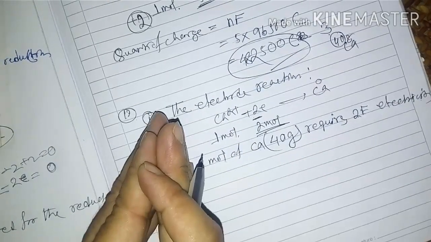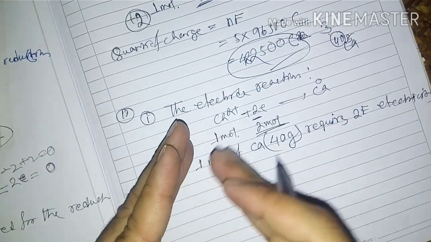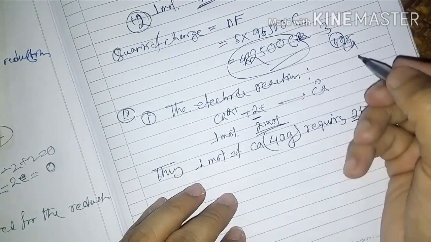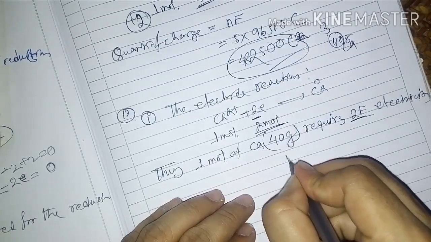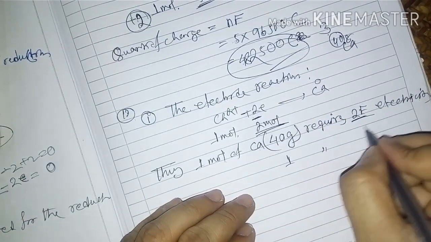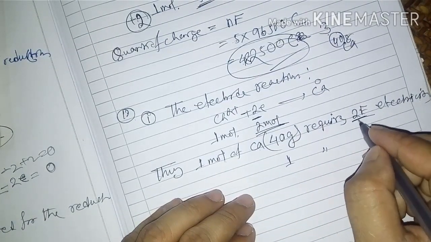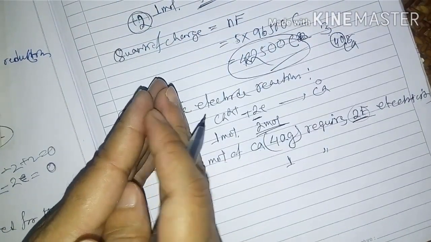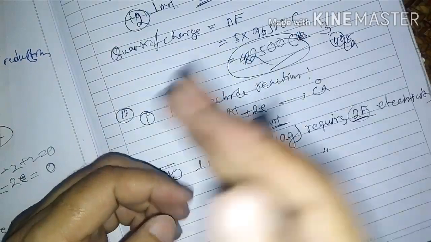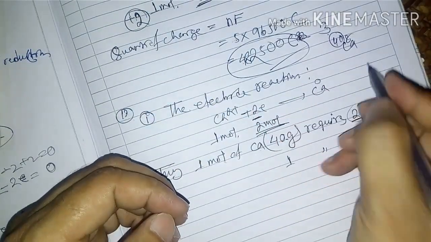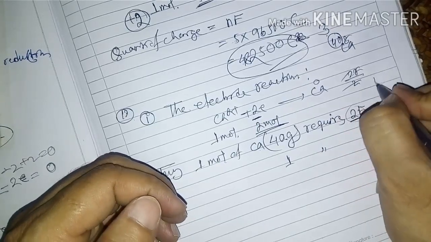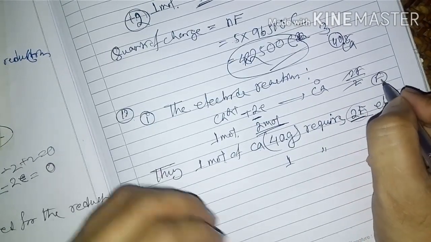If 40 gram requires 2 Faraday, then 20 gram how much? This is half. 2F divided by 2, you can cut, then half, that means 1 Faraday.